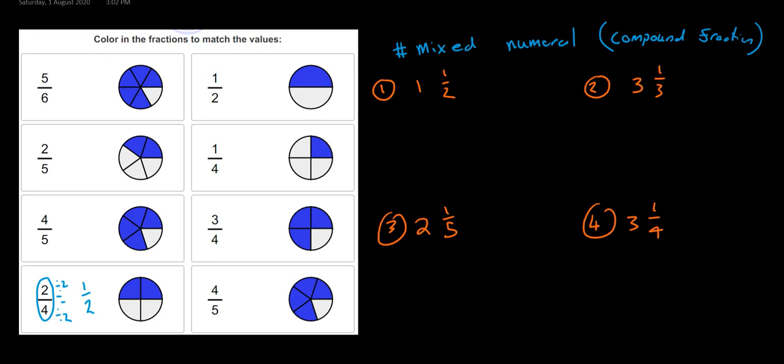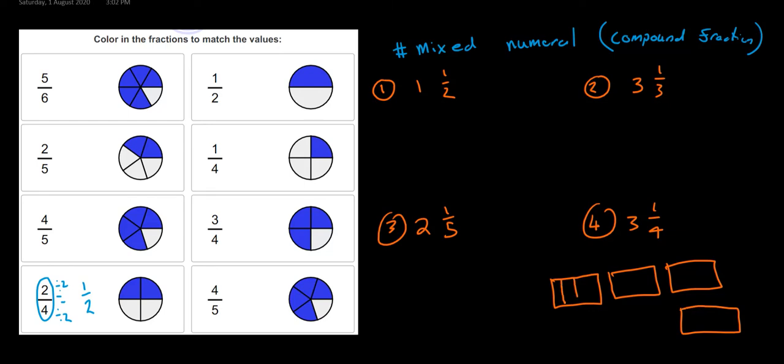Okay, so let's do number 4, and as an example, we should know that each of the shapes is split up into 4. So 4 parts make a whole. 1, 2, 3, 4. 1, 2, 3, 4. 1, 2, 3, 4.